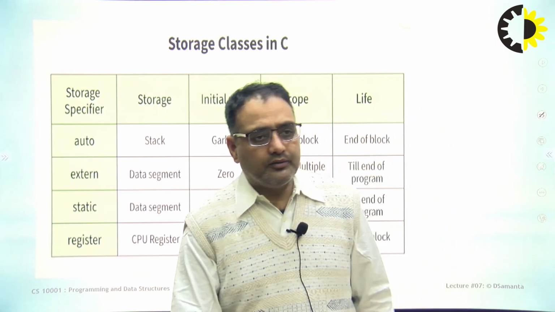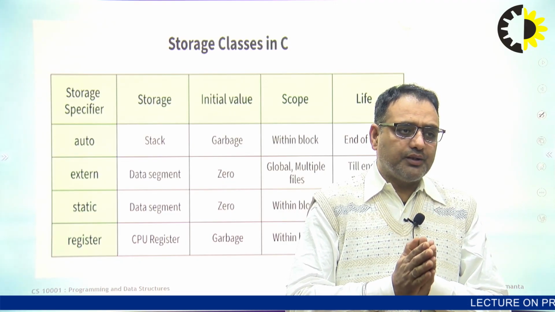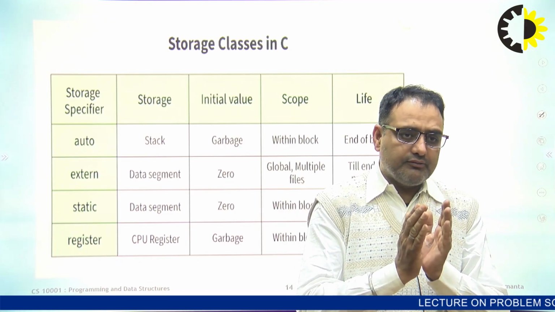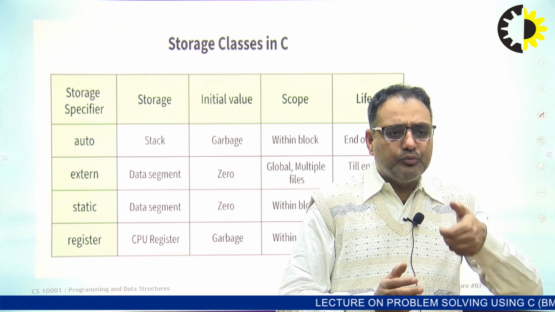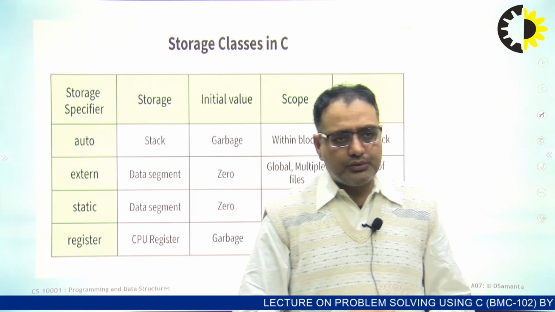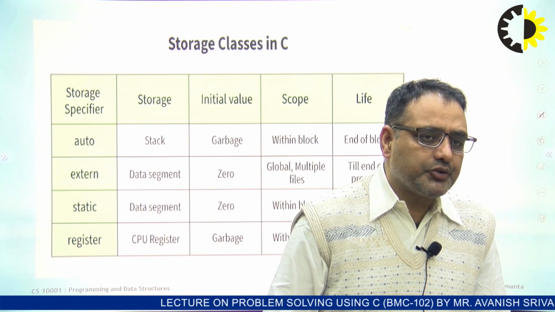So from the process point of view, all the data will be stored in main memory. A particular memory will be reserved by the operating system for the successful execution of the program.